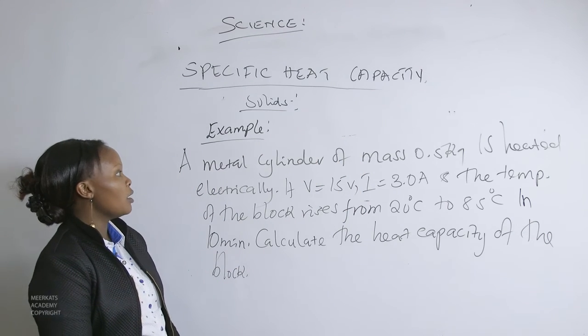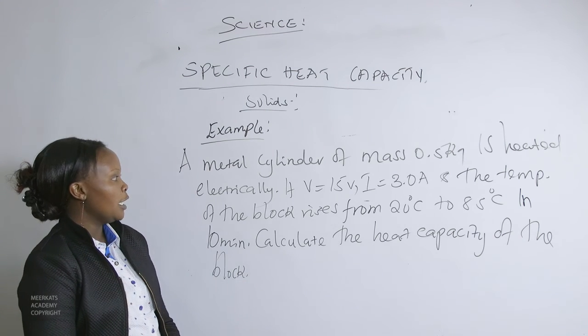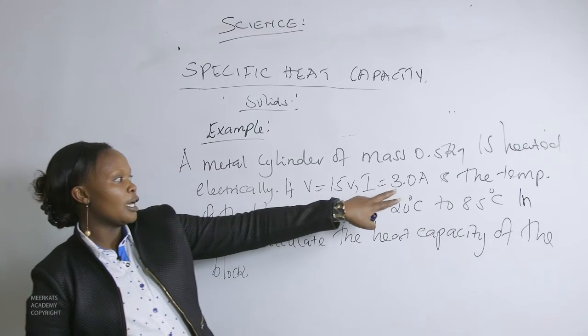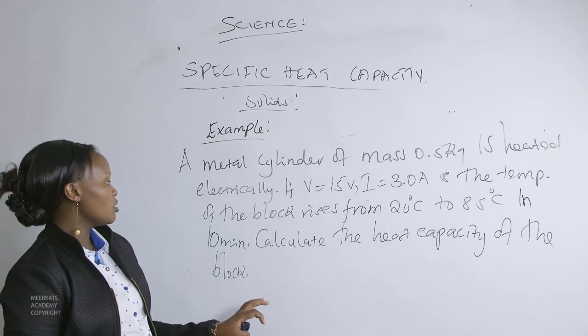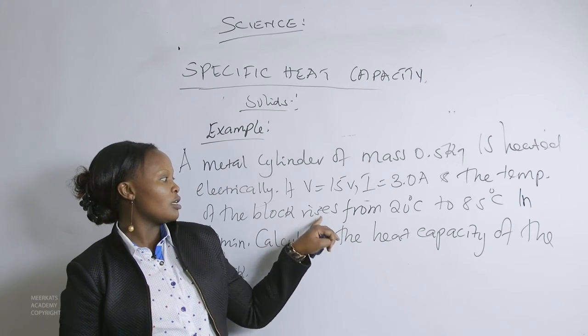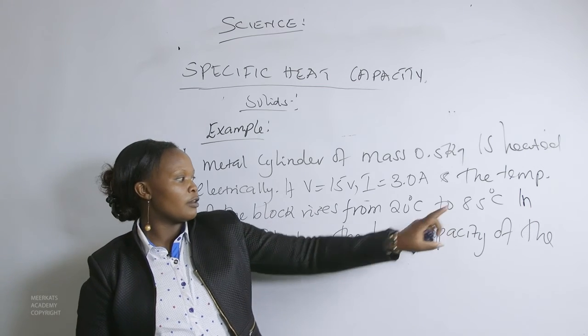Now the question reads, a metal cylinder of mass 0.5 kg is heated electrically using a voltage of 15, a current of 3 amperes, and that has been supplied within 10 minutes. Now we want the rise of temperature to be assumed to be from 20 to 85.